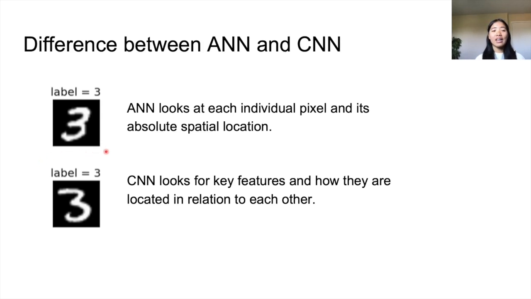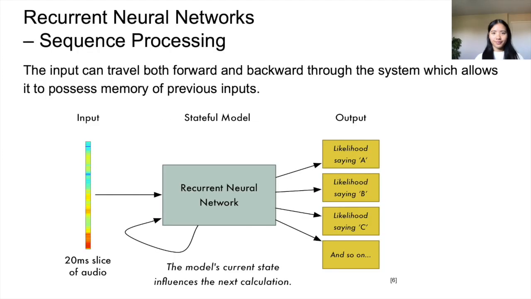Instead of looking at each pixel individually in relation, and its absolute location, a convolutional neural network is more similar to the way we actually look at images. We will look for key features and how they're related to each other. And what that means is that there's a lot more flexibility when we're looking at an image, and that even if an image is slightly altered or resized, we'll still be able to recognize it.